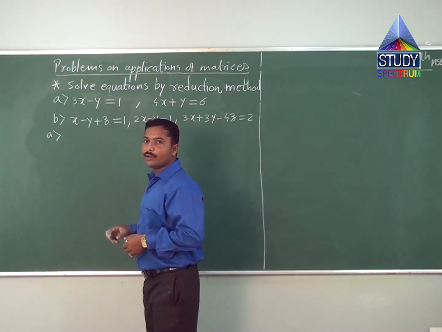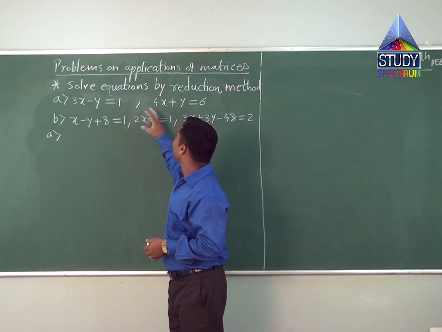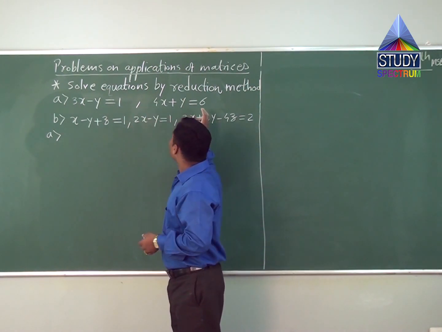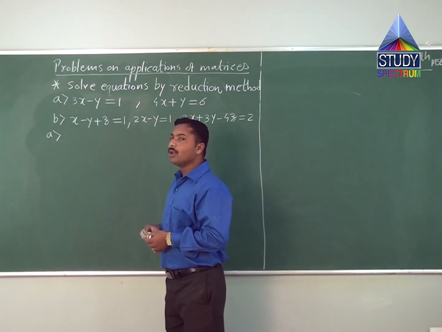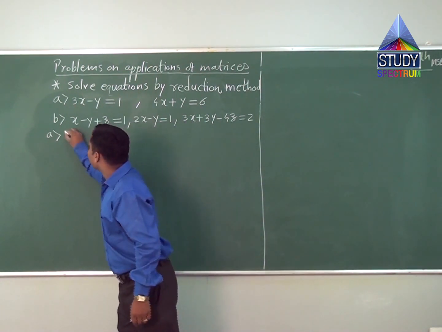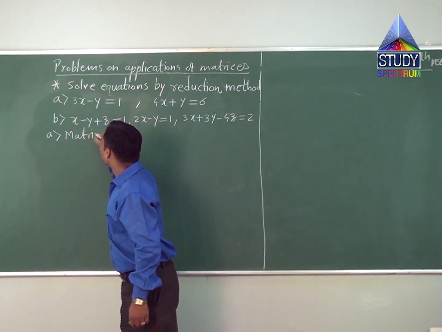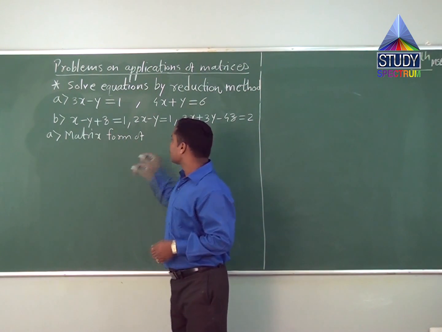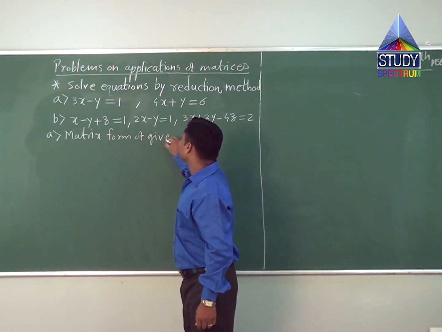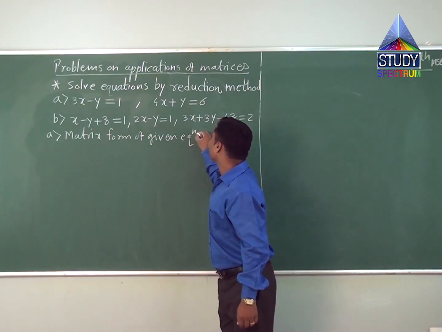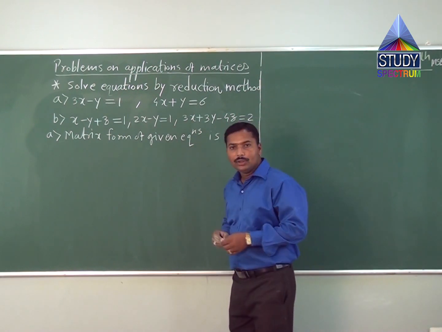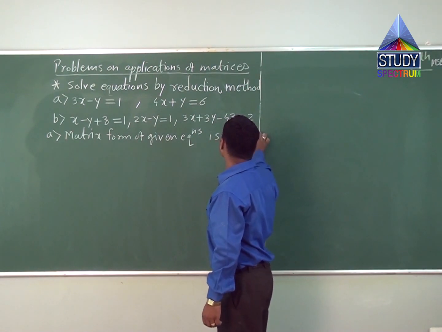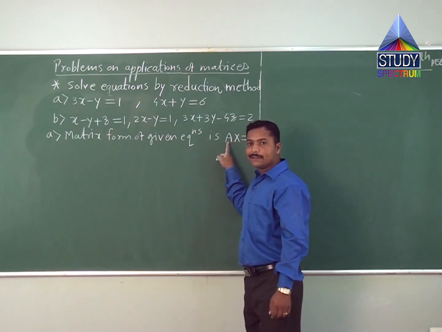So first we write the matrix form of the given equations. The matrix form of the given equations is Ax equal to B. What is A?